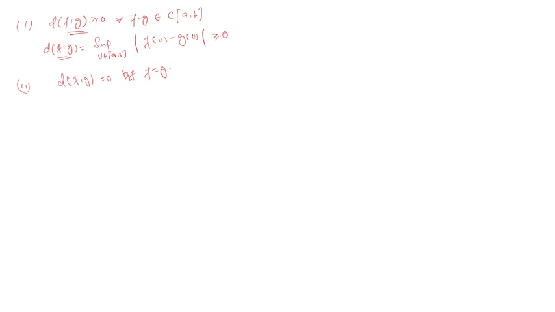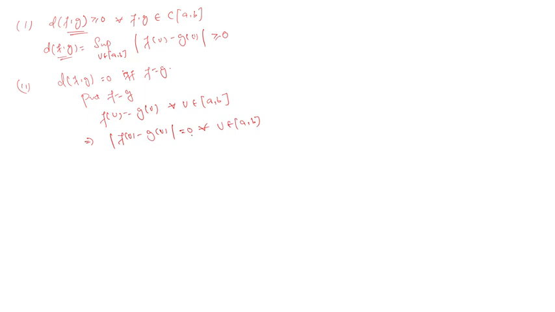Let's try to put f equal to g and see whether we get d(f, g) equal to 0 or not. So we put f equal to g. In other words, by f equal to g, what I actually mean is that f(u) is equal to g(u) for all u belonging to [a, b]. Now from this statement I can say |f(u) - g(u)| is equal to 0 for all u belonging to [a, b].